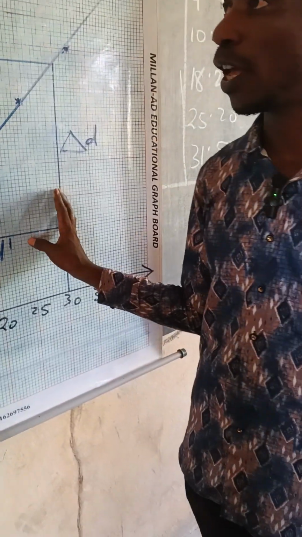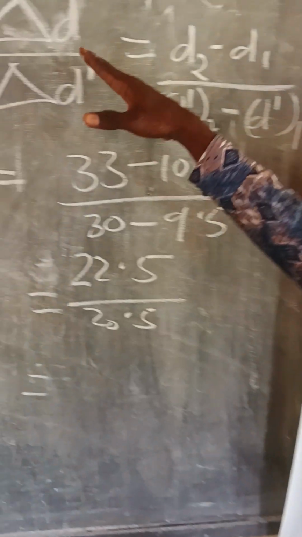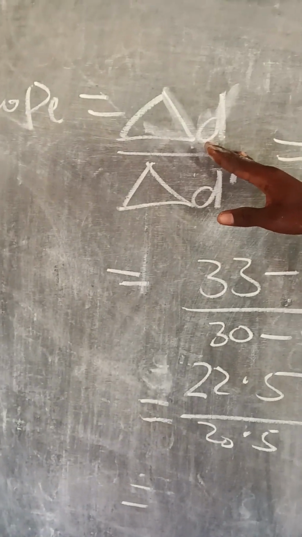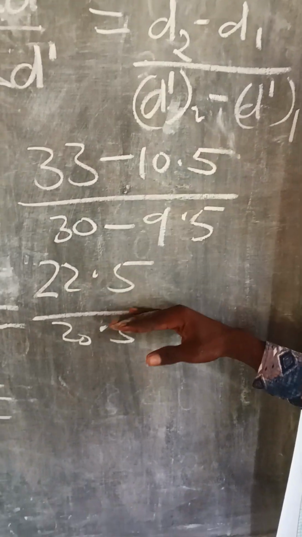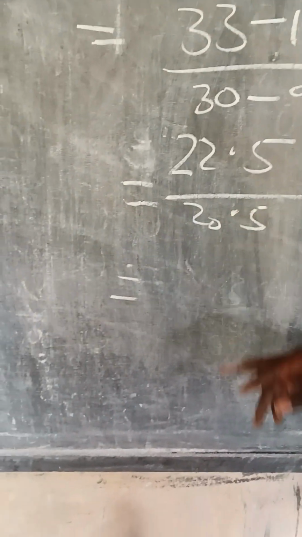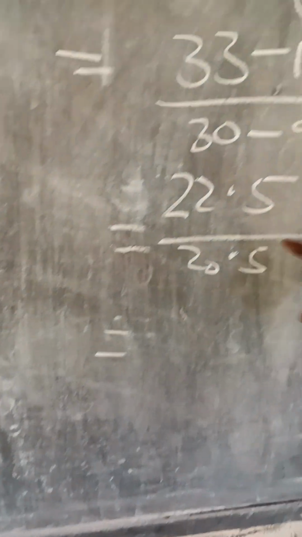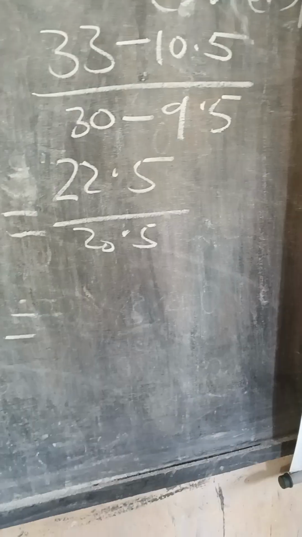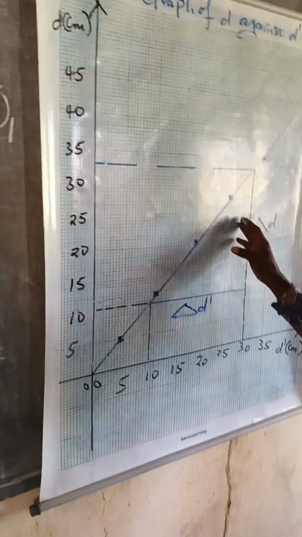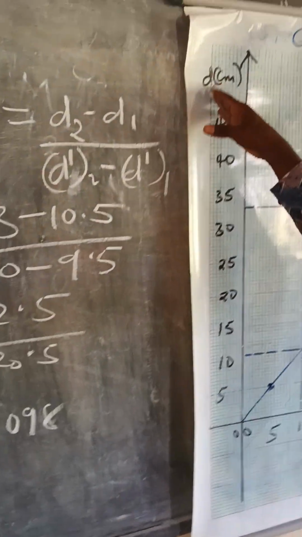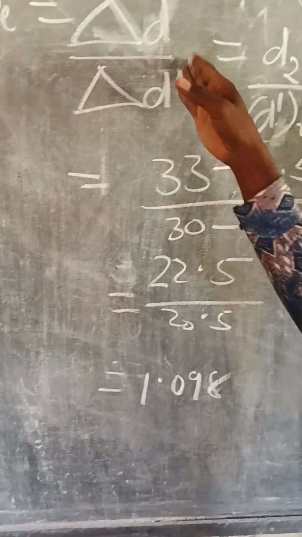So this is the graph, and the slope of this graph is the deflection in air over the deflection in water, and that gives this. The value here, 22.5 minus 20 point this. So this is the slope. The slope of the graph is change in D over change in D prime, and that gives us this.